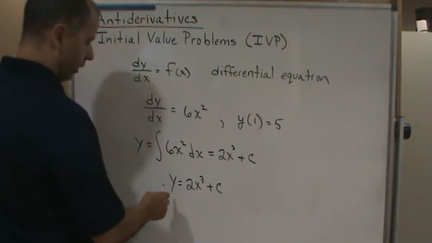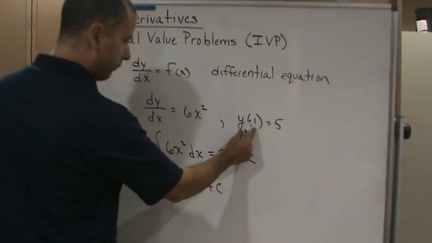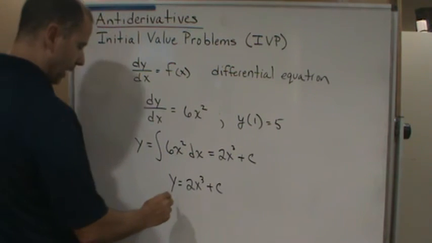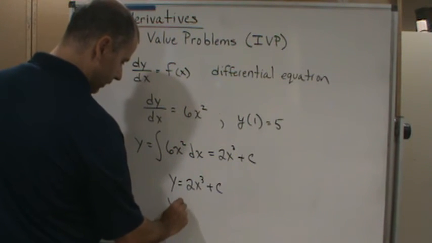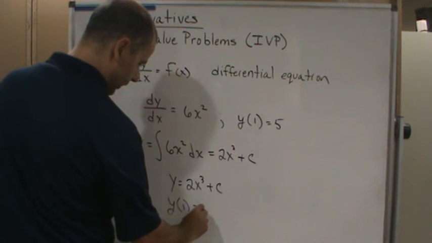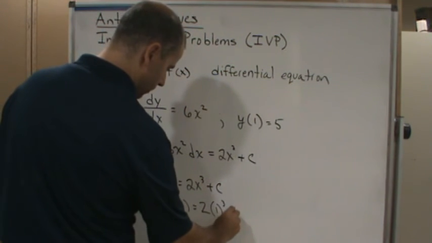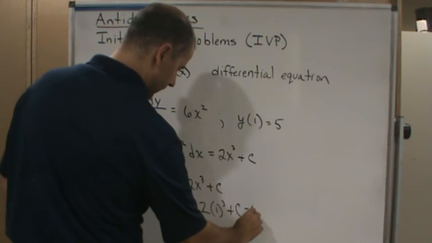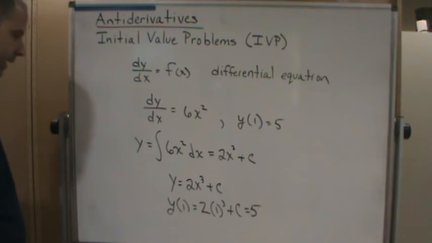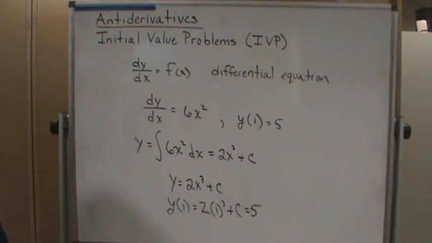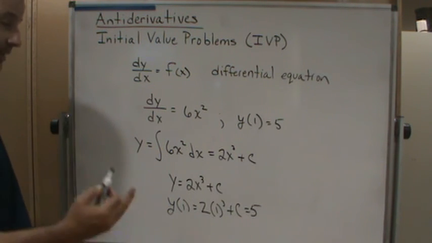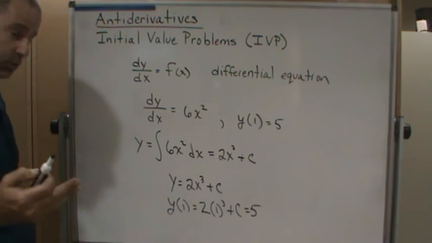So now, we know that y of 1 equals 5. So that means y of 1 equals 2 times 1 cubed plus c must equal 5. And so now we can solve for c. That's what it means by finding the particular solution.